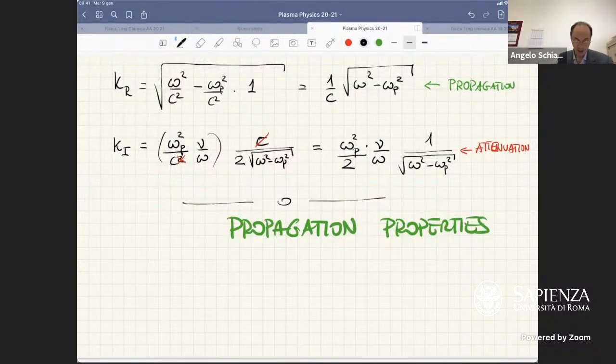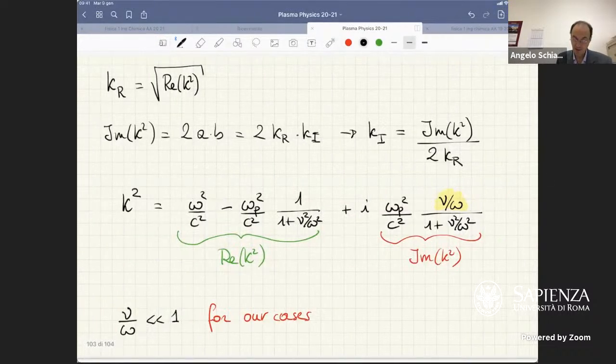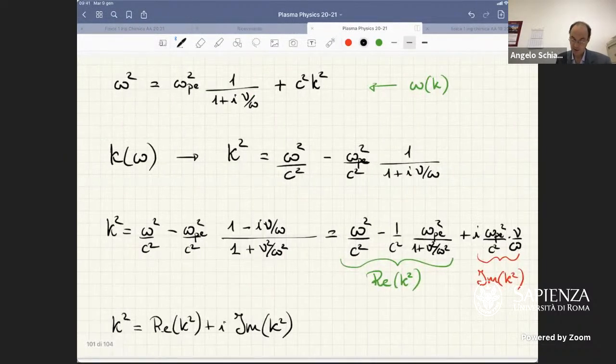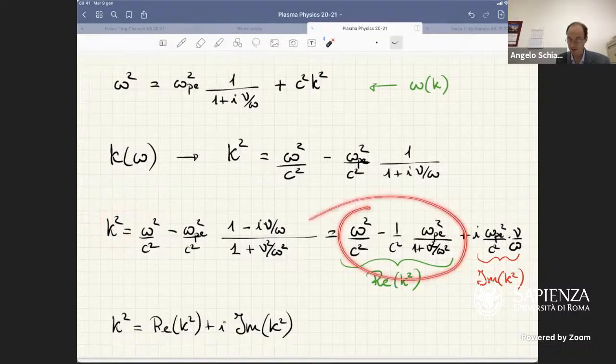Our dispersion relation is something that we can write as, we should go back to the dispersion relation. Where was it? Okay, this one here. You see that we have k squared on one side and the real part on the other side.